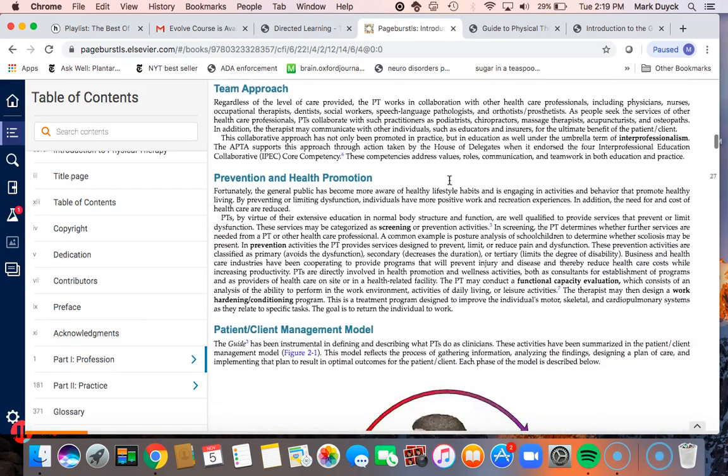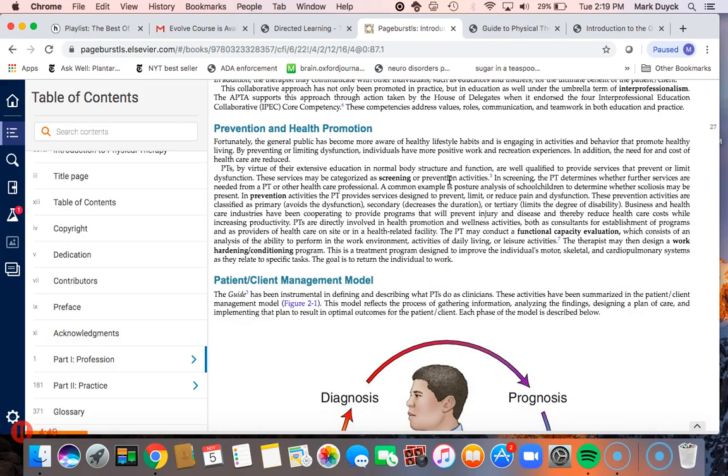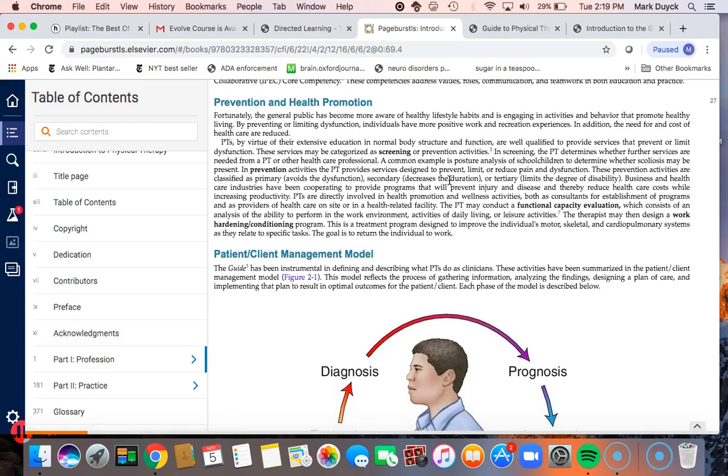The guide really emphasizes prevention and health promotion, that the role of us as a profession is certainly screening. For example, with young athletes, one thing that is done more and more is that PTs, and it can be a PTA with a PT, are going to high schools and doing ACL screenings for athletes before they get involved in basketball, for example, or volleyball.